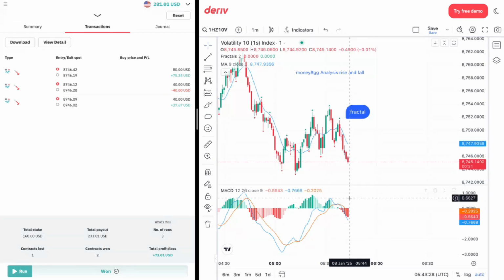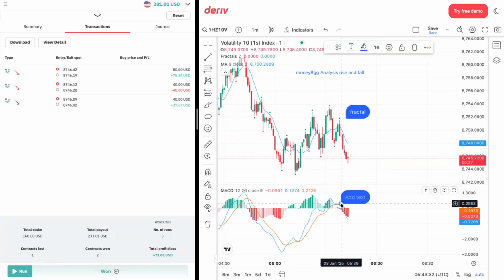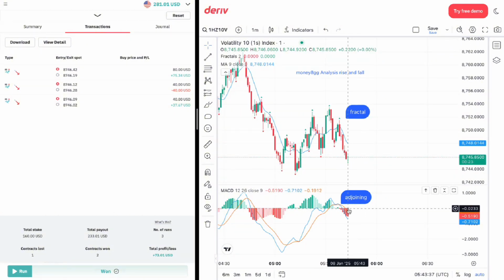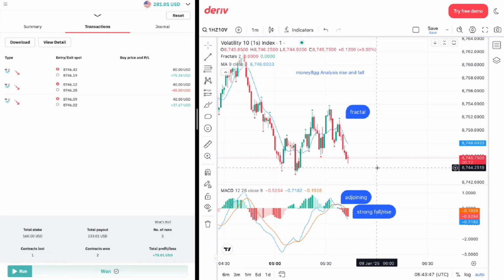So you see the fractal happened here, and then there was the adjoining at the bottom here. So always make sure those conditions are met, and then the MACD must show strong fall. Strong fall if you're going for a fall, or strong rise if you're going for a rise. So that's up to you.